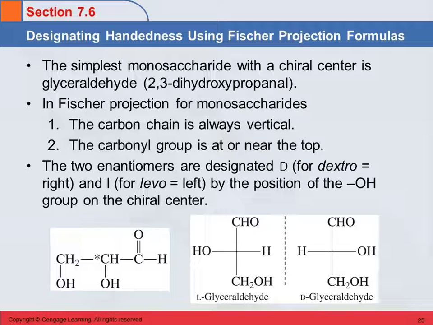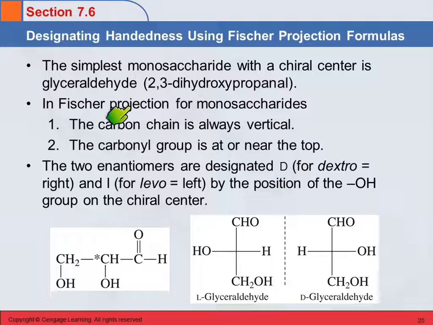So if we look at the simplest monosaccharide with a chiral center, this is glyceraldehyde. And here we have its structure. We have a 3-carbon chain, and this is an aldehyde, and we've got 2 hydroxyl groups.